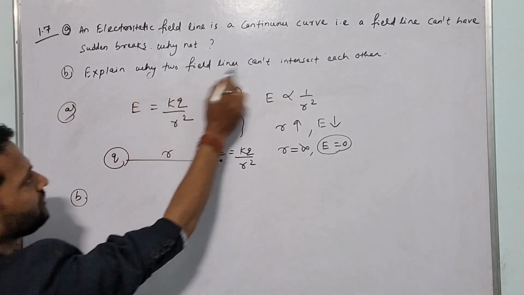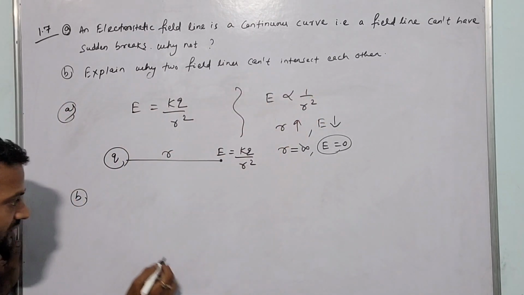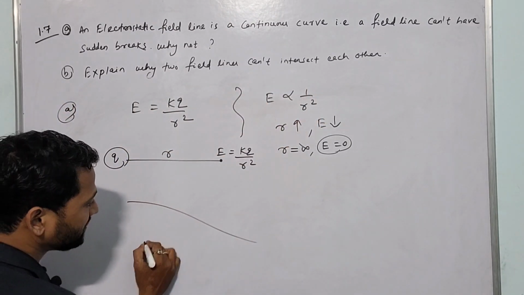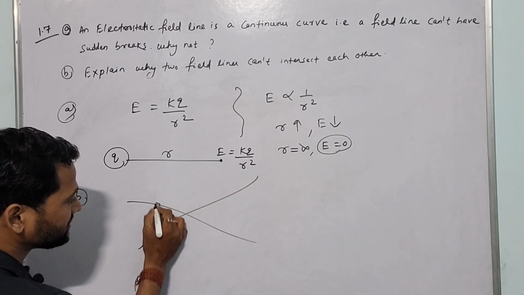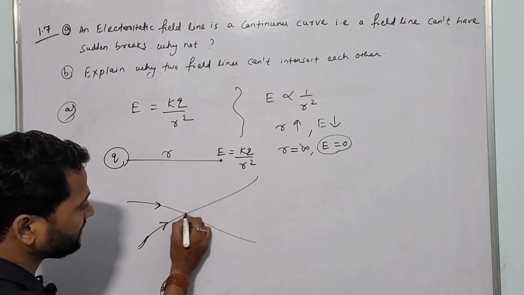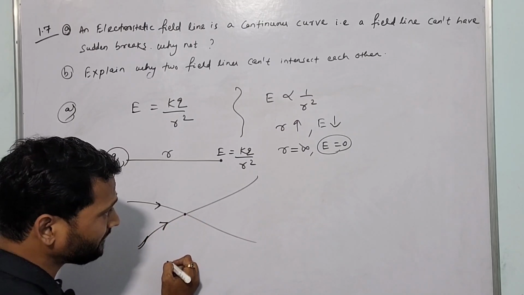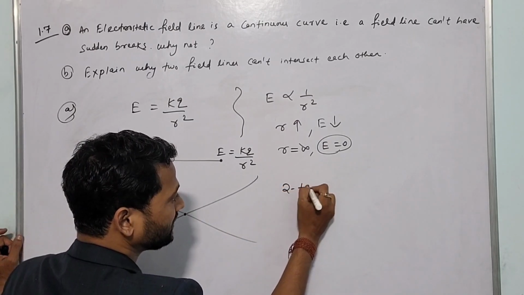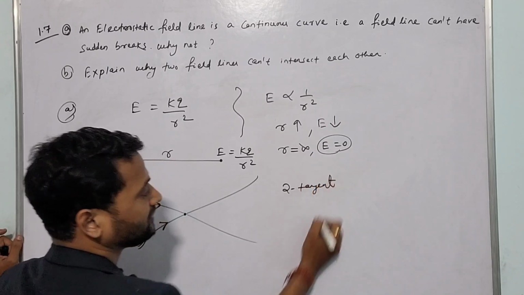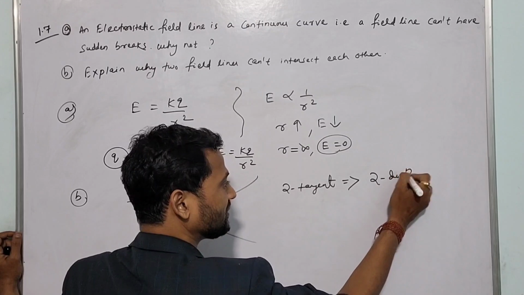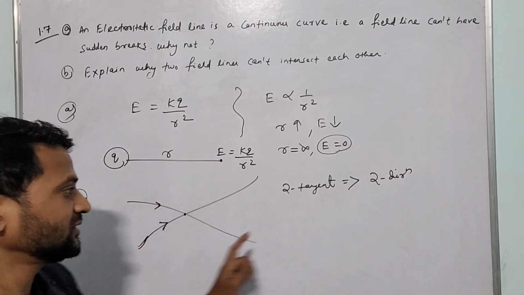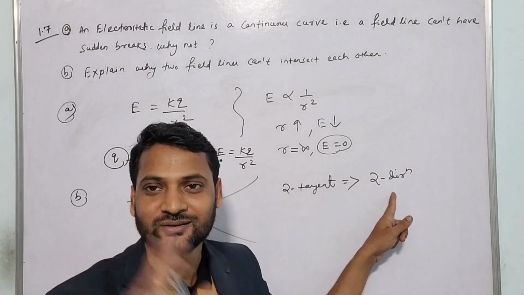Coming to the second bit. The second bit is very easy. Why can two field lines not intersect each other? If two lines of force intersect, suppose two lines of force do intersect, what will happen? You can get two tangents. If there are two tangents, there will be two directions of electric field, which is not possible.